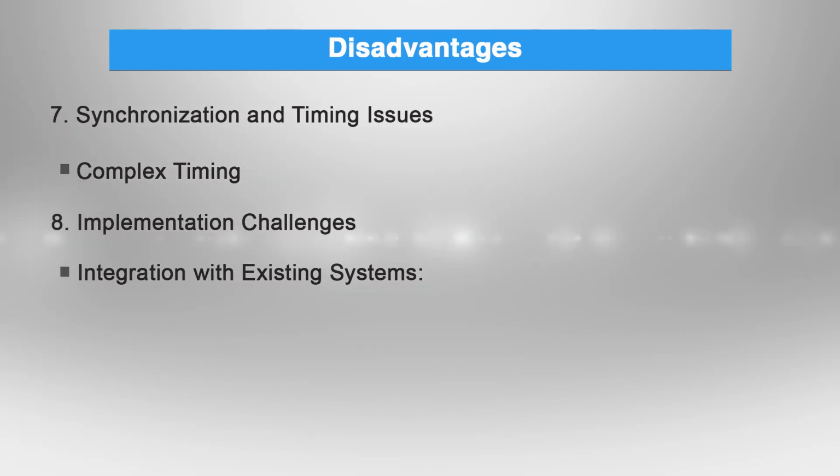Adopting new modulation formats may require changes in existing infrastructure, leading to compatibility issues and increased deployment cost. These disadvantages highlight the trade-offs that must be considered when selecting an optical modulation technique for a specific application.